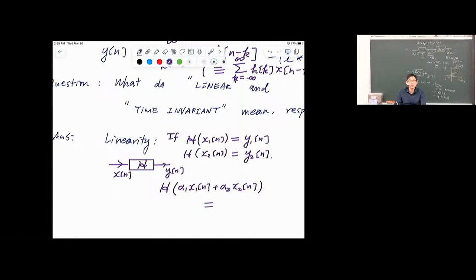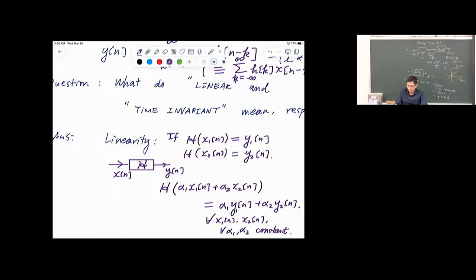The result will be the same output combined with alpha 1 and alpha 2. The result will be alpha 1 times the corresponding output plus alpha 2 times the corresponding output, for any signals x1[n], x2[n], and any constants alpha 1 and alpha 2.